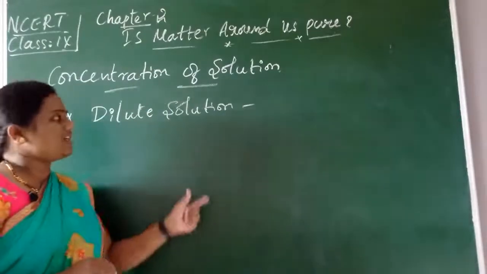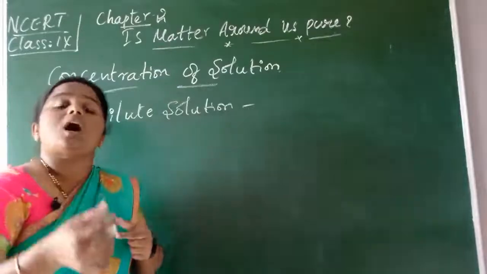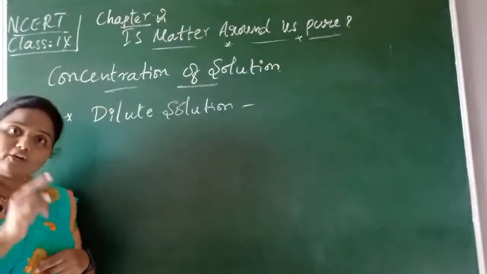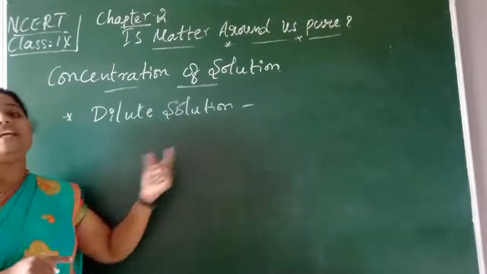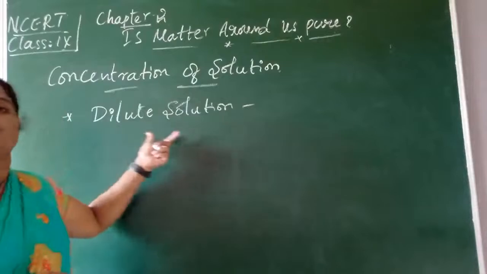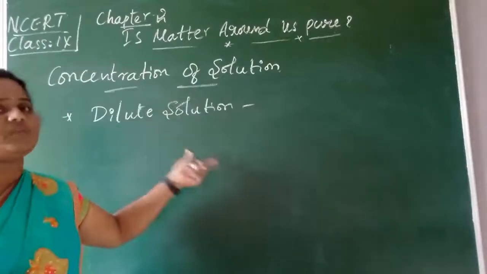Once again, I will repeat, children. The quantity of solute is going to be less compared to that of the solvent for any solution. Then such a solution is called a dilute solution.